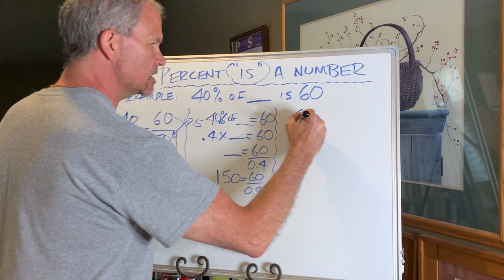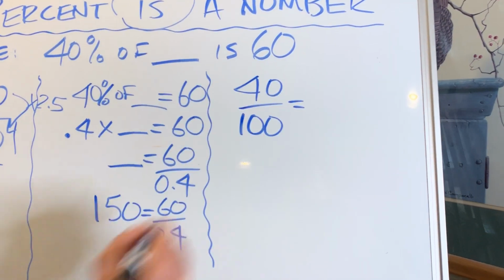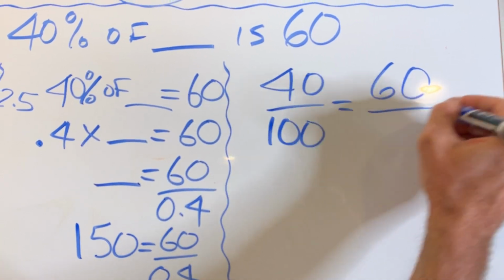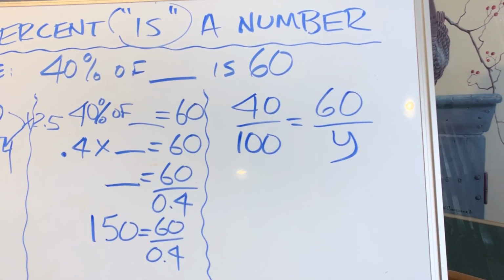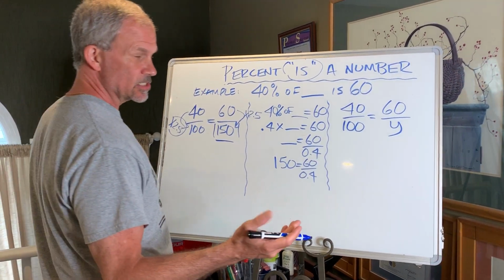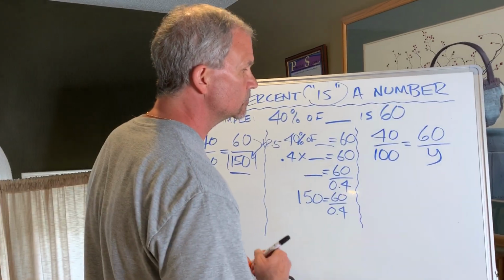Cross multiplication, same thing, 40% as a ratio or a fraction is equal to, and remember the 60 went above this time, I'm going to call this one y instead of x. Y, I don't know, because I said so. We'll use cross multiplication here as well.